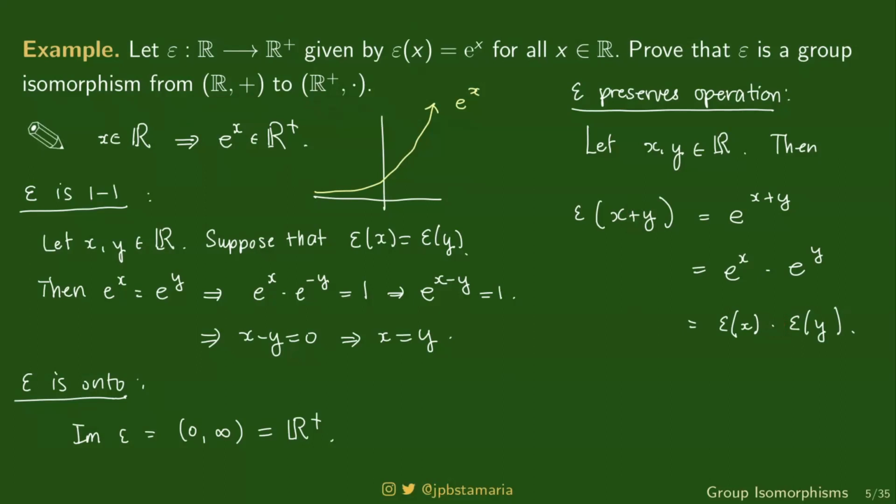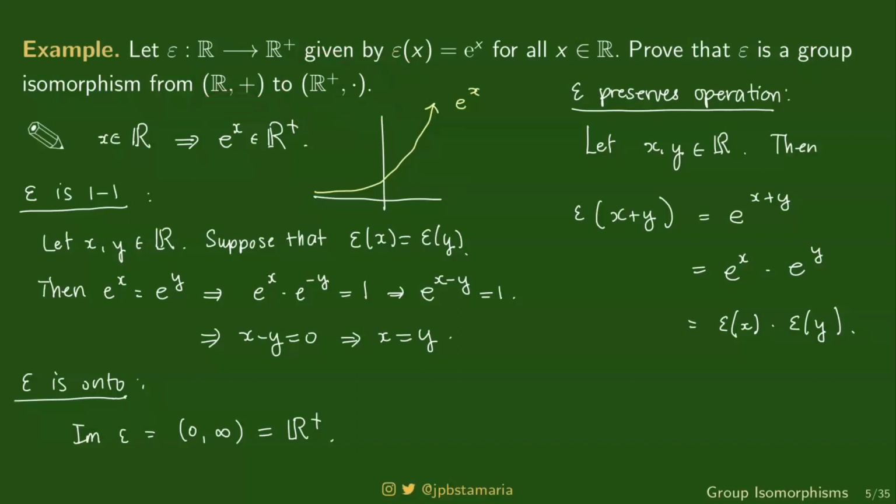So, indeed, the natural exponential function gives you a natural isomorphism from R comma plus to R plus comma dot, no? Yung dalawang groups na ito. Parang you can think of them as two parallel universes, no? Parang magkaiba yung itsura nila, pero kung ano yung nangyayari dito, nangyayari din doon.